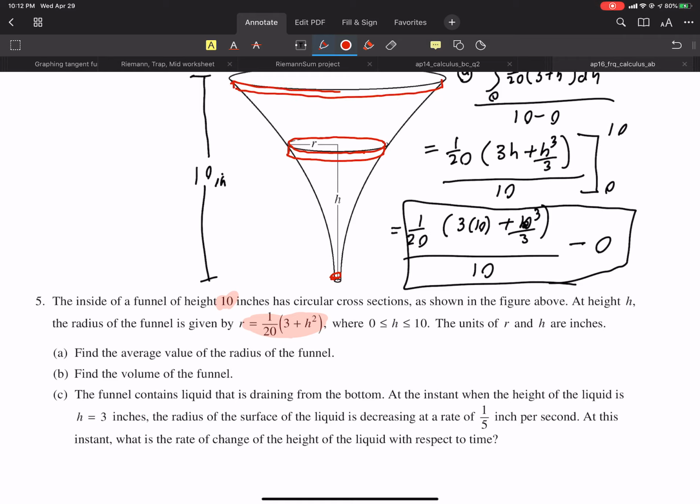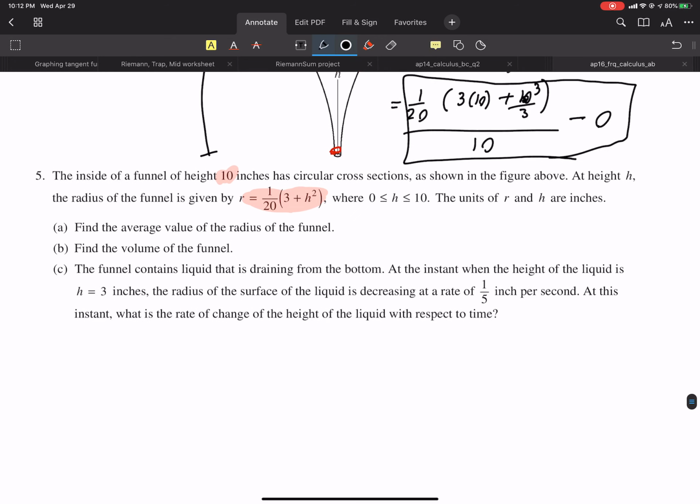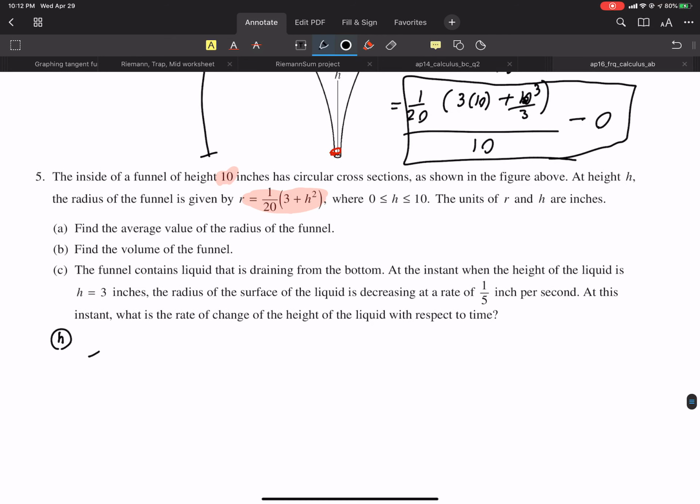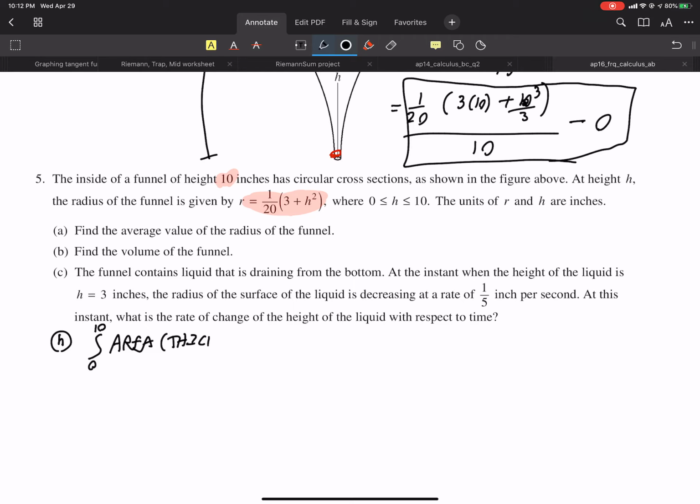Well, how do you add up a bunch of stuff in calculus? I know. It's called integration. And I want to add from 0 at the bottom of the funnel to the top 10. Now, the volume of a disc is the area of the surface times the thickness. So you want to add up area times the thickness.